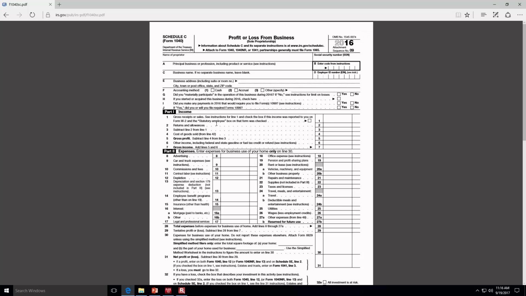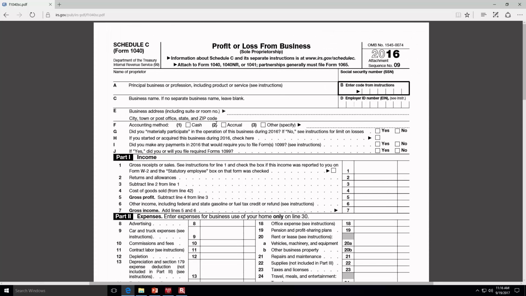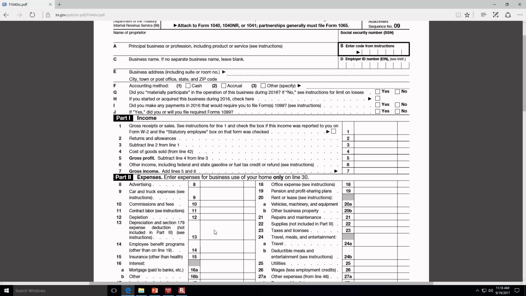Okay, so here's my Schedule C. Did you guys find one? Okay, what page? E11. E11. It's going to be filled out.